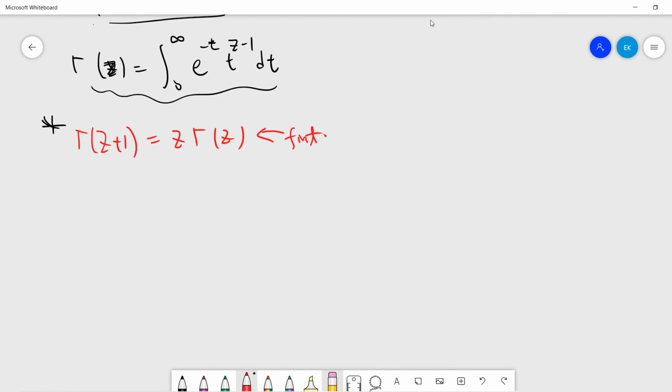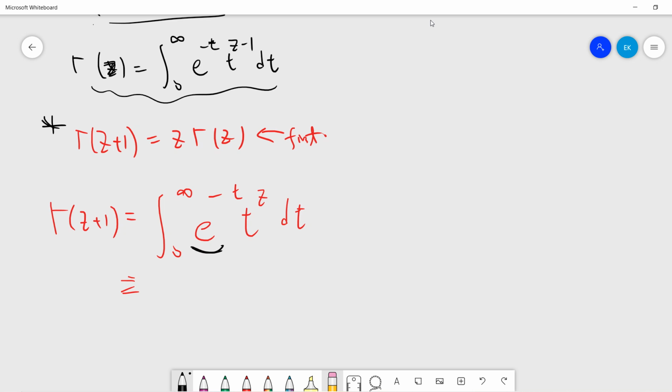The proof is just to directly compute. You get the integral of e to the minus t, t to the z dt. Then you just use the so-called integration by parts. We use this as u, and this as dv.